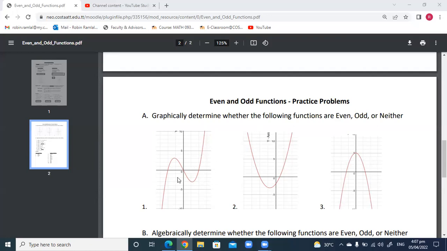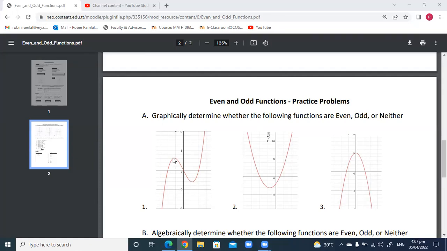Right, so question 1, I just said it's not even, right? Because the y-axis does not cut the graph exactly in half, it's not even. So I'm checking to see if it's odd now. So if I look at this point here, 4, 10, minus 4, minus 10, this one here will be 2, minus 3.